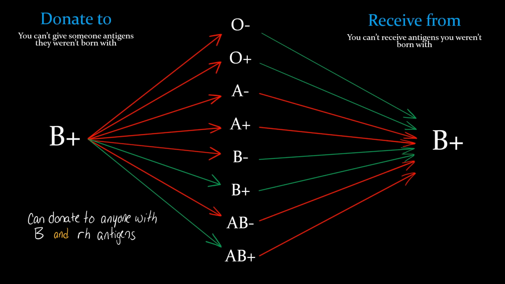So for B positive, they can receive B antigens, they can receive Rh antigens. You cannot give them A antigens. So anybody that has an A is off the list. So long as they don't have an A, it's okay.